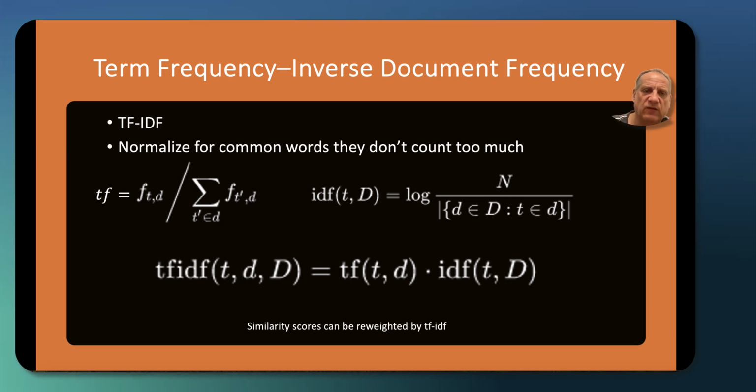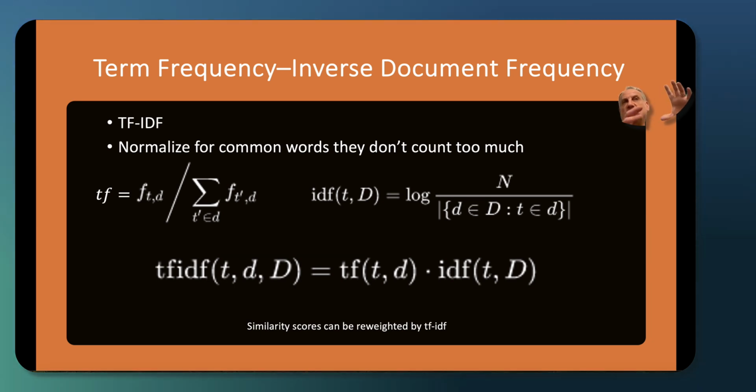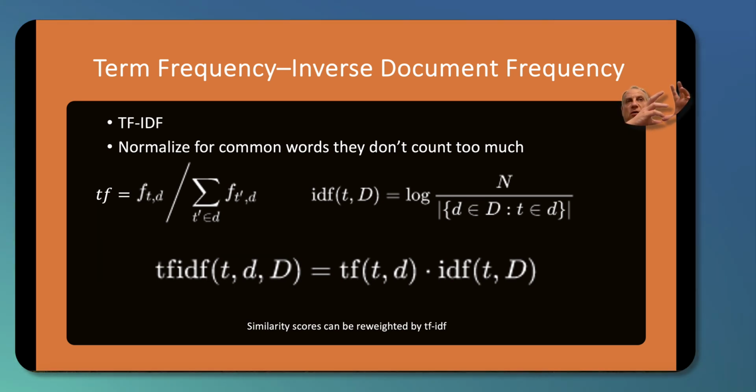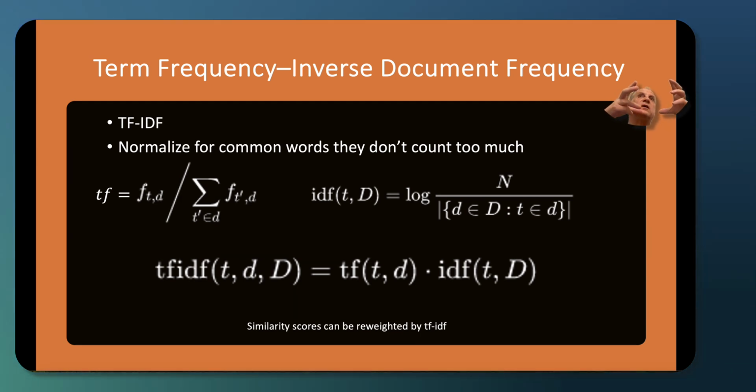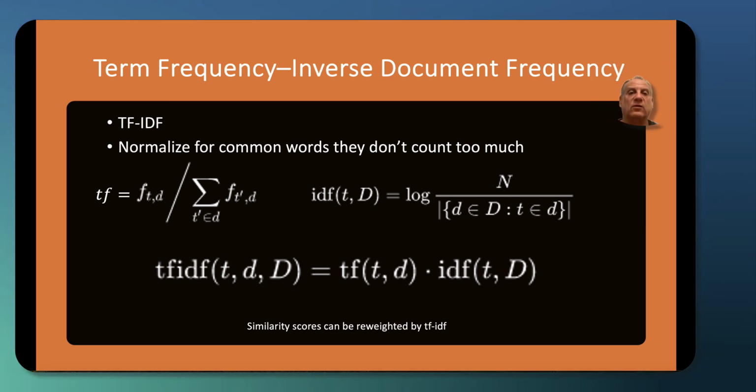So this gives us a feature vector. So instead of having the count, it's 0 if the word didn't appear at all, and otherwise it has this TF-IDF number associated to the index of that word.